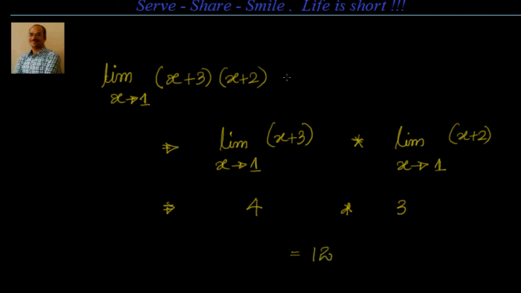Now suppose you directly substitute here, taking this as one function, the limit as x tends to 1 is nothing but equal to (1 plus 3) into (1 plus 2), that is nothing but equal to 4 into 3, which is equal to 12.